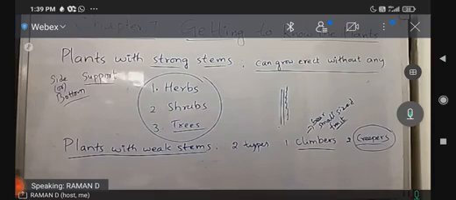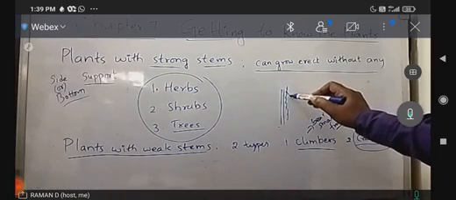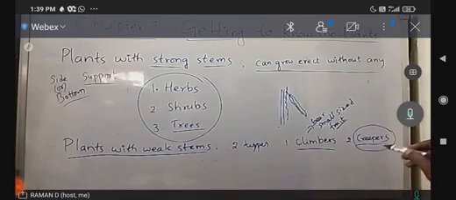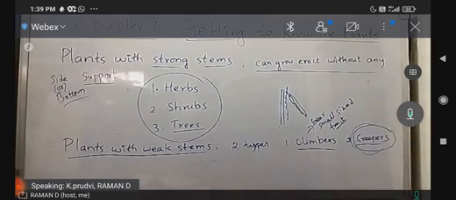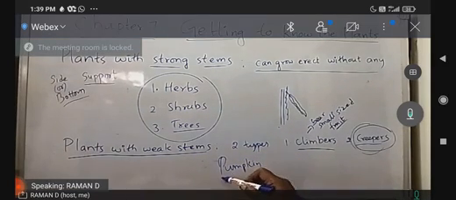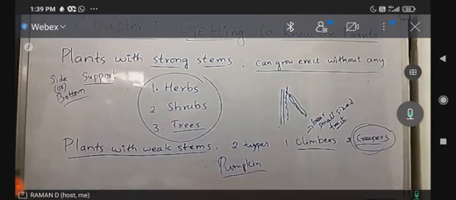If you take a creeper, like pumpkin or watermelon, can you imagine that pumpkin hanging on the plant if the plant is climbing? Is it possible?